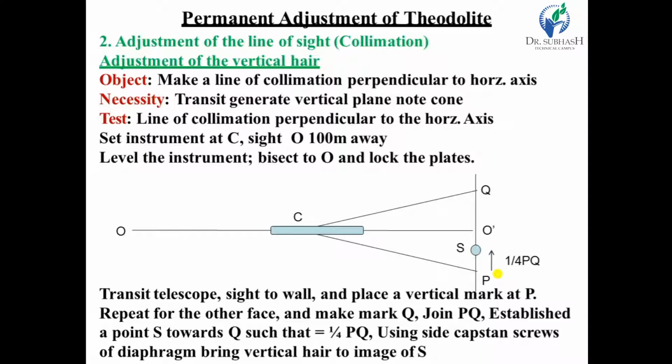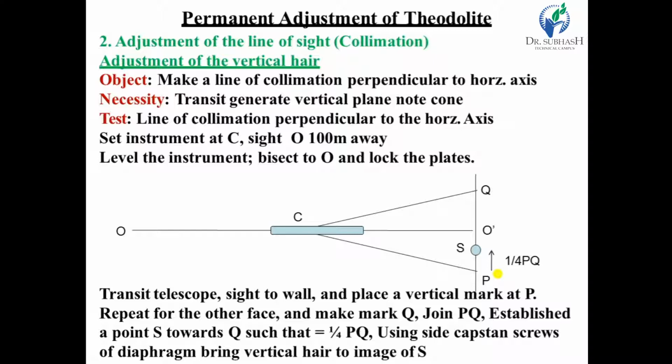Line of collimation perpendicular to the horizontal axis. Set the instrument at C and sight S at 100 meters away. After that, level the instrument, bisect S and lock the plates.